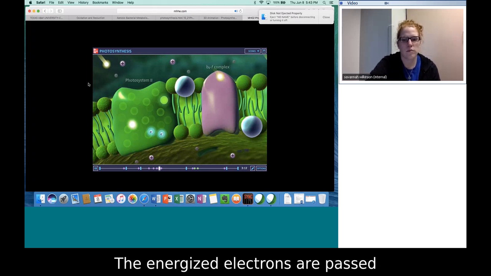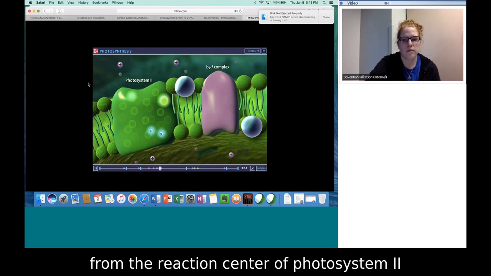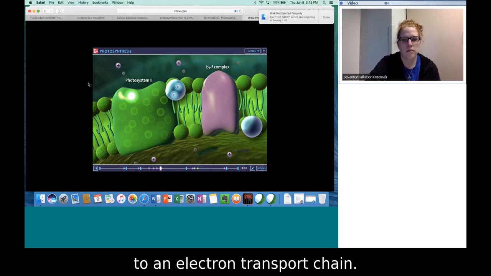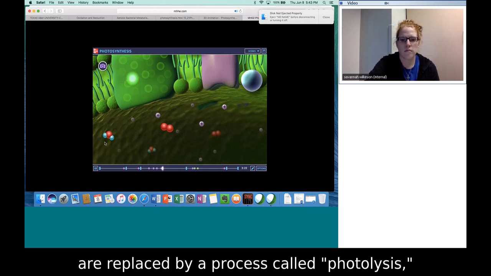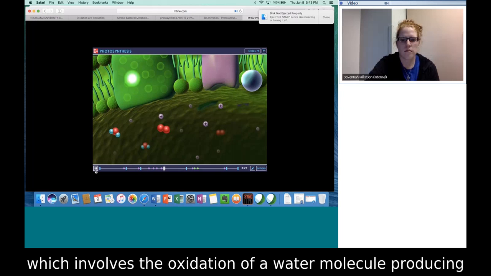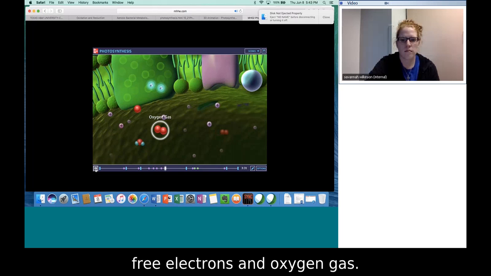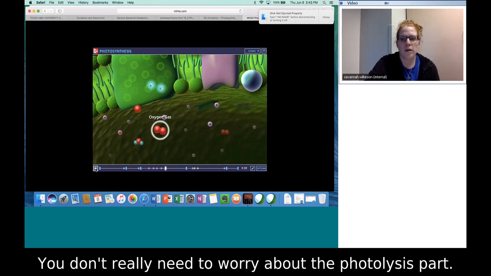The energized electrons are passed from the reaction center of photosystem 2 to an electron transport chain. The electrons lost by photosystem 2 are replaced by a process called photolysis, which involves the oxidation of a water molecule producing free electrons and oxygen gas. You don't really need to worry about the photolysis part.